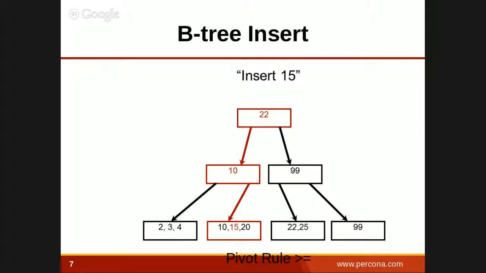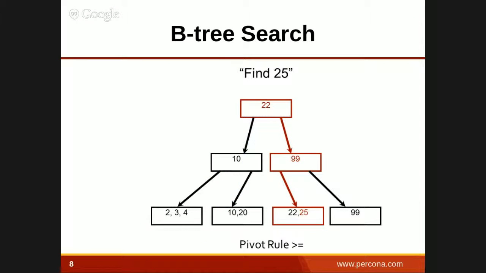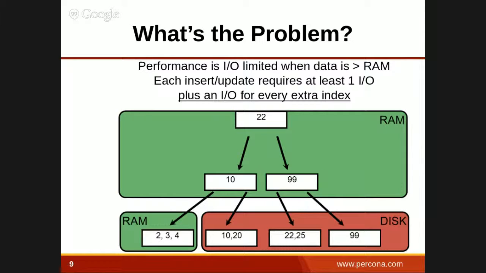Even in the best case scenario, assuming there is enough space on this page so we don't have to do a page split, it will have to modify the data on that page. Make sense? Now if we do a search, we essentially do another descent.